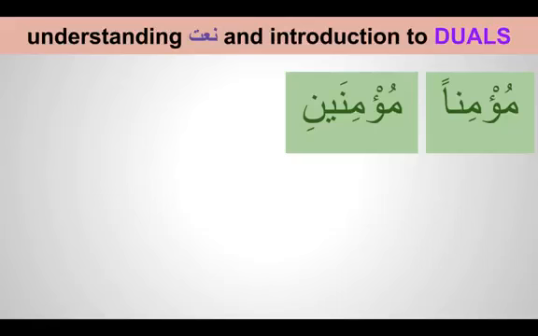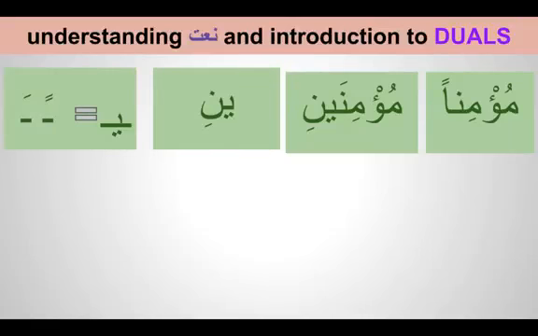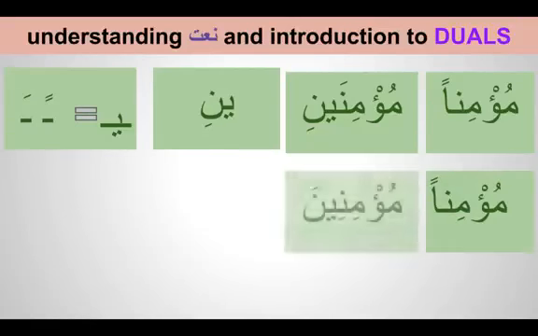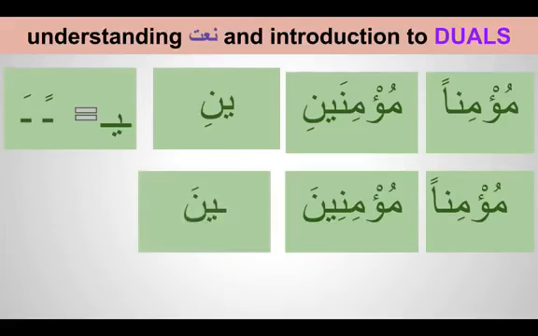When you say aini, that means it's two. So ya and noon is added. Ya is a sign of mansoob and majroor. For the plurals, we'll say mu'minina, ya and noon with fatha. So noon with fatha and noon with kasra will tell you whether it is dual or plural. Alif and waw is the sign of marfu, and ya is the sign of mansoob and majroor.